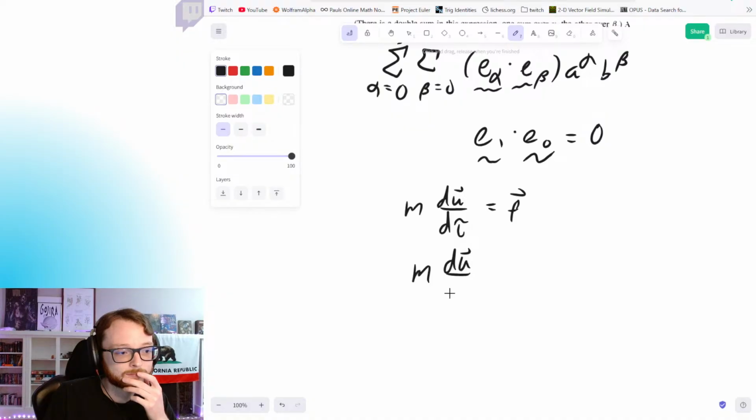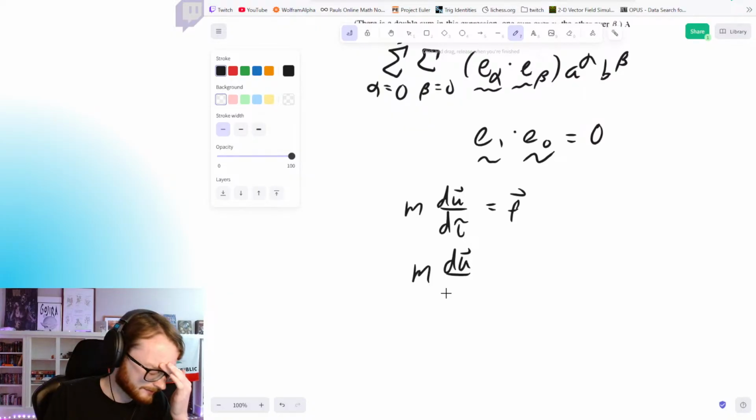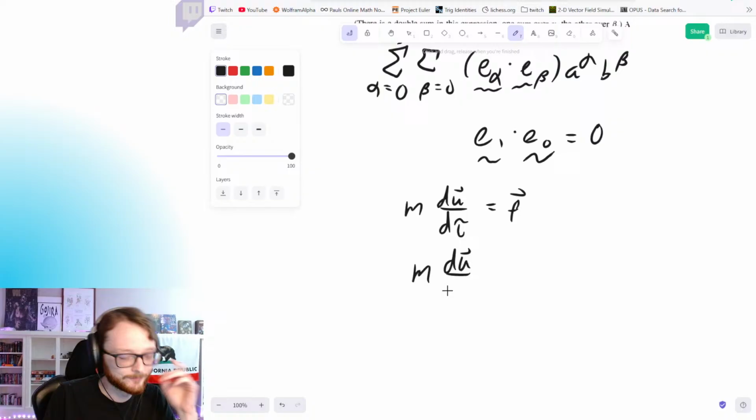So it's d/dt of v dotted v equals 0 or something. That's what it reminded me of.